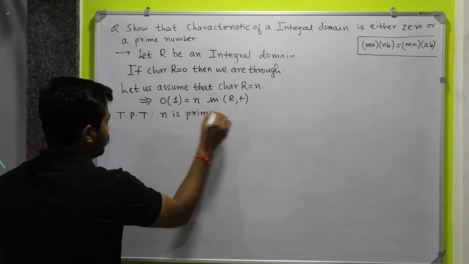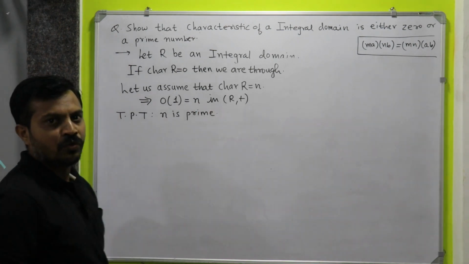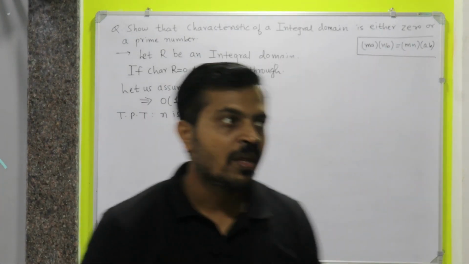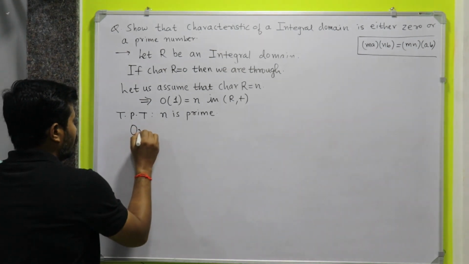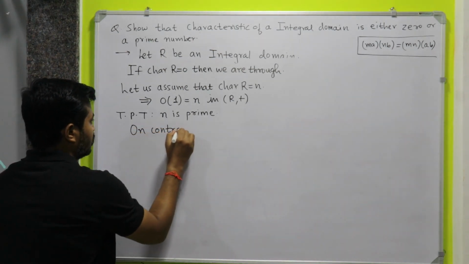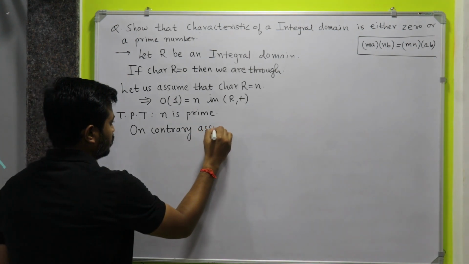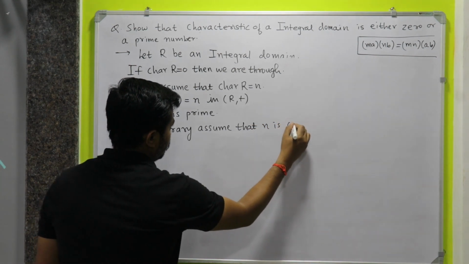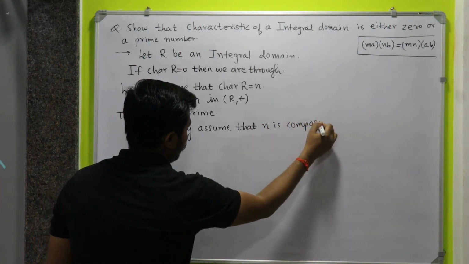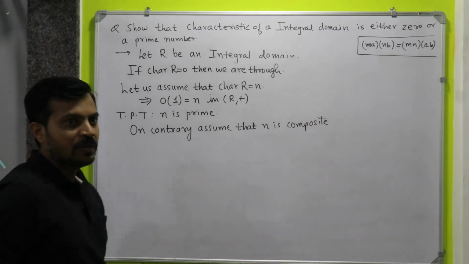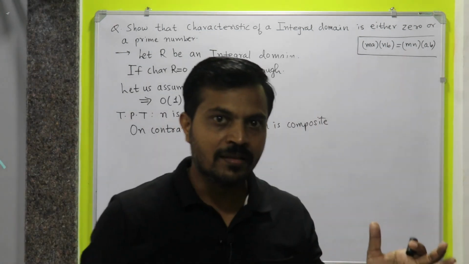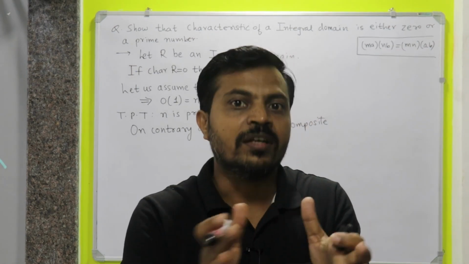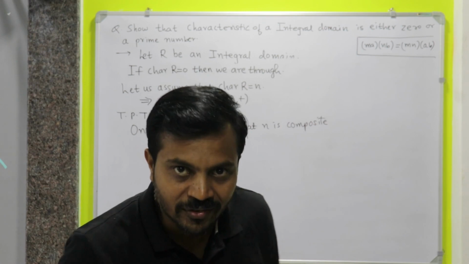Now in order to prove this n is a prime number, we are going to take the help of proof by contradiction. So we will say on contrary, assume that n is composite. Now what is the definition of composite number? Composite number means n can be written as product of two integers which are greater than 1 and strictly less than n, isn't it?